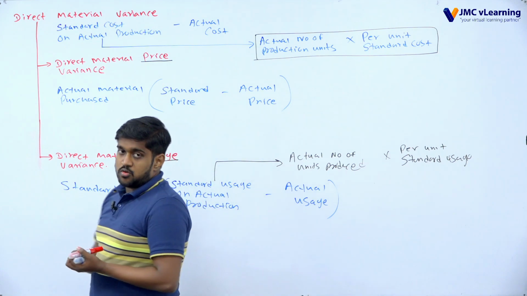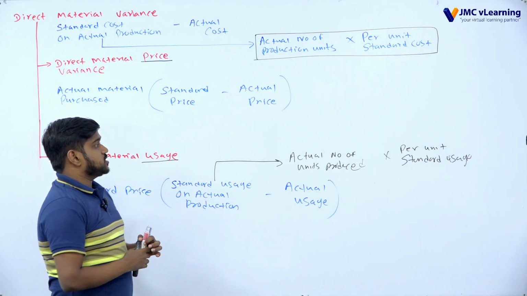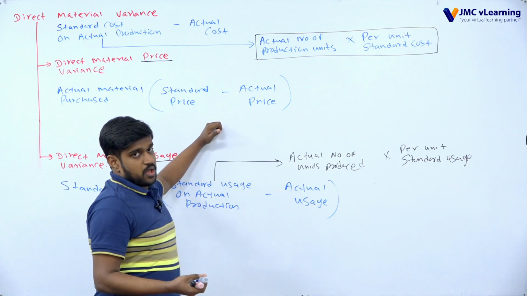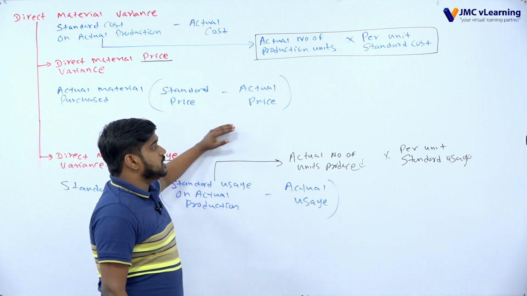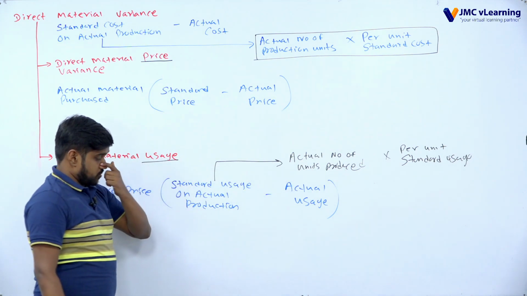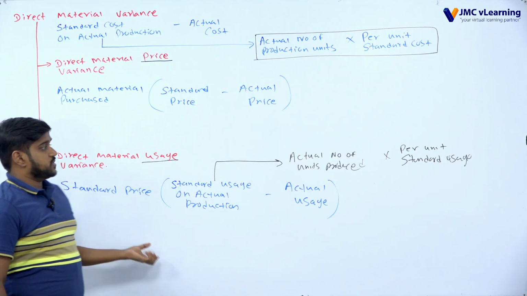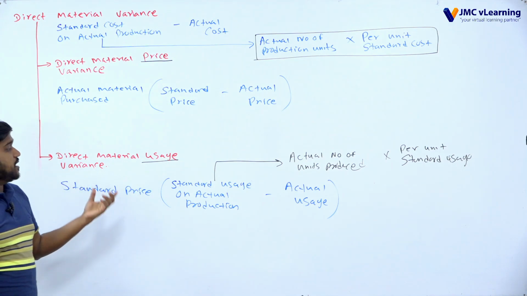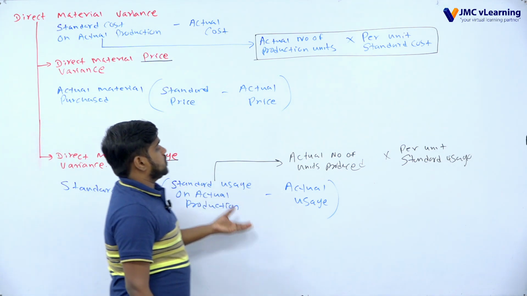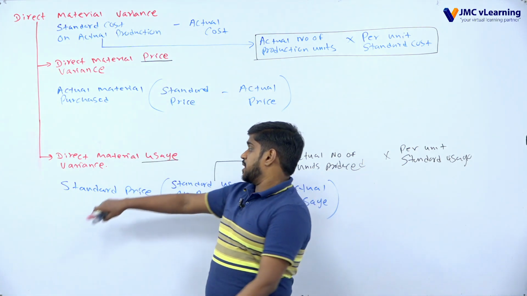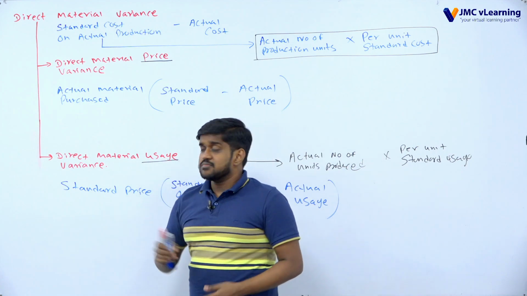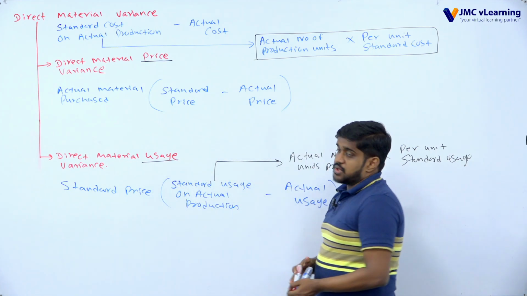That means the per unit kilogram standard usage, multiplied by the actual number of units produced, gives the standard usage on actual production. Then the difference between the standard usage on actual production and the actual usage, we multiply by the standard rate. Then we get our direct material usage variance.